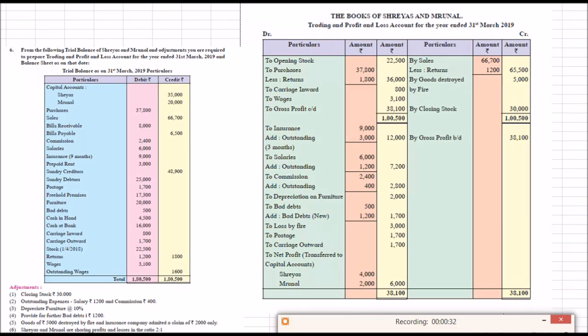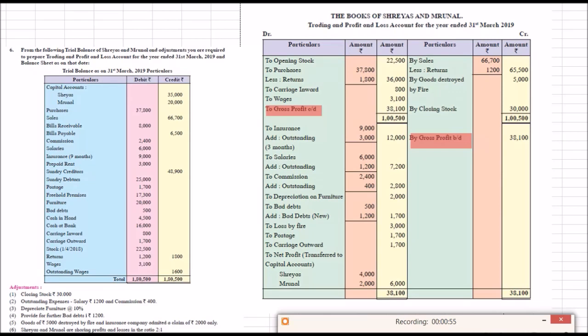Then using this gross profit amount we pass it in the P&L account and calculate further entries. Indirect expenses come on the debit side and indirect incomes on the credit side of the P&L account. So we added this amount and adjusted it with the adjustments.